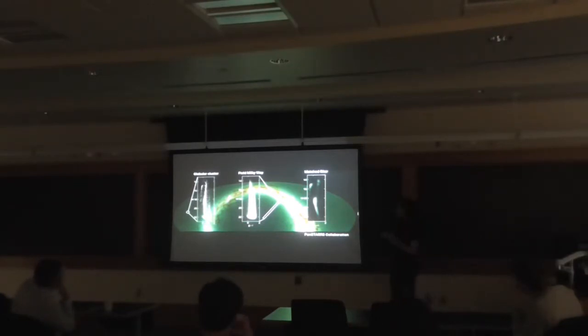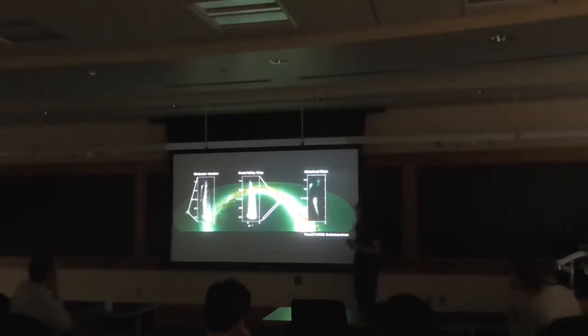So here you're seeing where the contrast is the largest between the globular cluster population and the field of the Milky Way. And so if you're selecting stars in this box over here, you're most likely to be selecting stars that are similar to the globular cluster population.